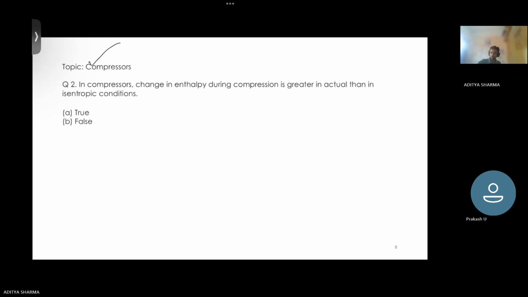What is the case with the compressors? We just discussed the case for turbines, and now the question is on compressors. The question talks about change in enthalpy, then compression taking place, and this enthalpy change being greater in actual than in isentropic conditions. So whether this statement is true or false.